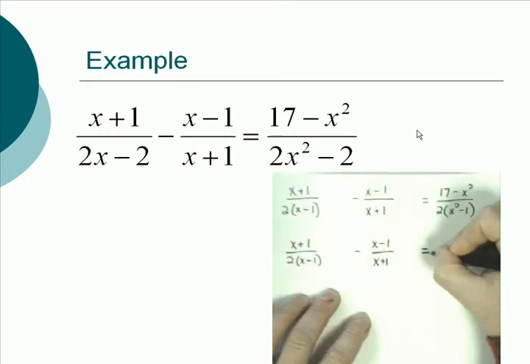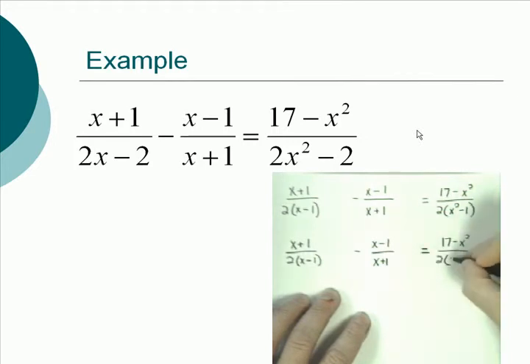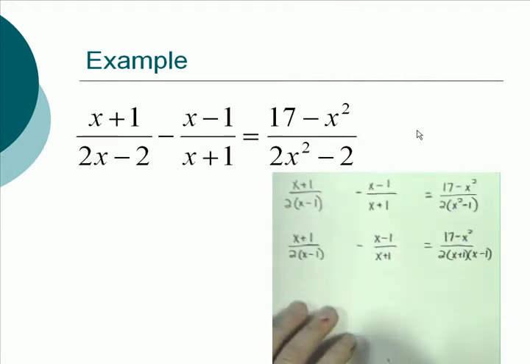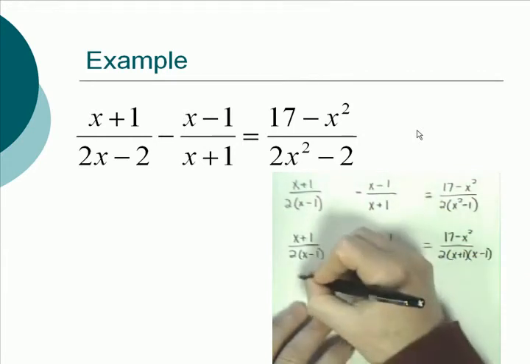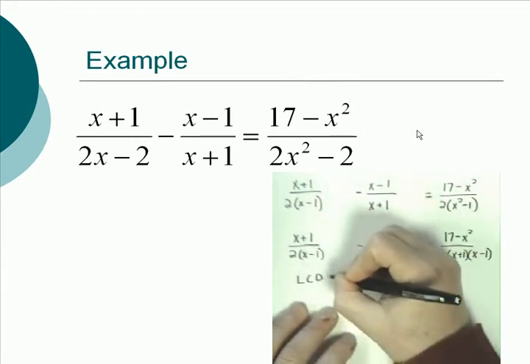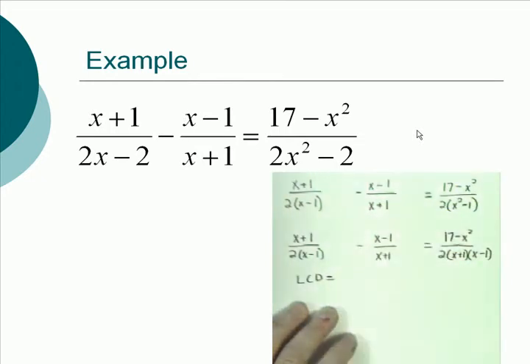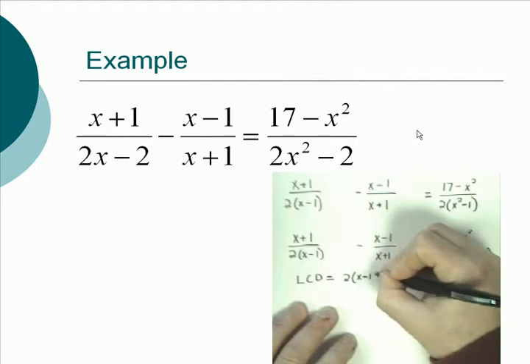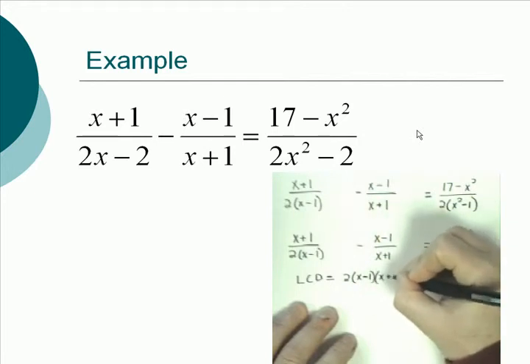And that has to be equal to 17 minus x squared over 2 times, now if we factor that difference of squares, x plus 1 times x minus 1. Now let's determine what our LCD here is so that we can clear off all of our fractions. The LCD is going to be 2 times x minus 1 times x plus 1.